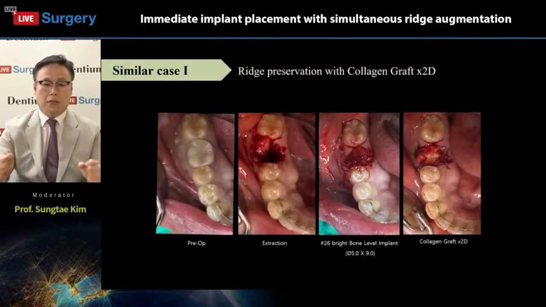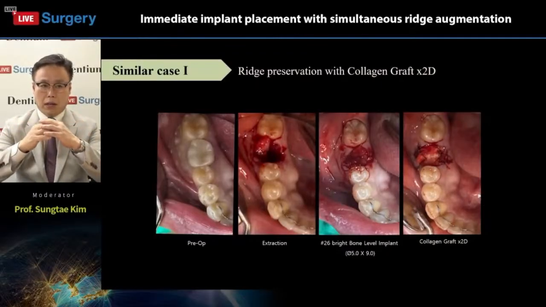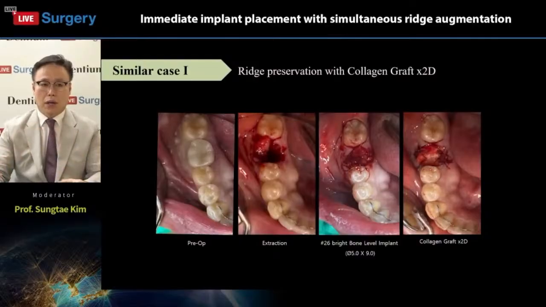The collagenated bone is also very good for the socket seal, the ridge preservation technique, because they maintain the contour and also minimize the particle dissipation. So Xeno collagen bone graft material was applied and also covered with the remaining granulation tissue, which is one popular technique nowadays, and also apply the X2D for the ridge preservation for the socket sealing.